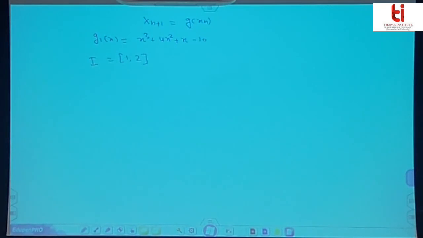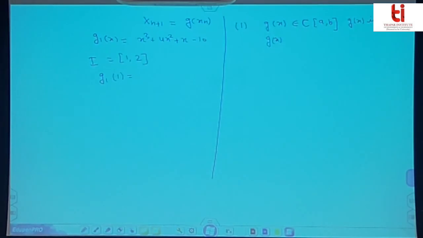This is a polynomial function. What is the first condition? The first condition is that g(x) should be continuous. So g(x) should belong to the class C[a, b], which means g(x) is continuous.